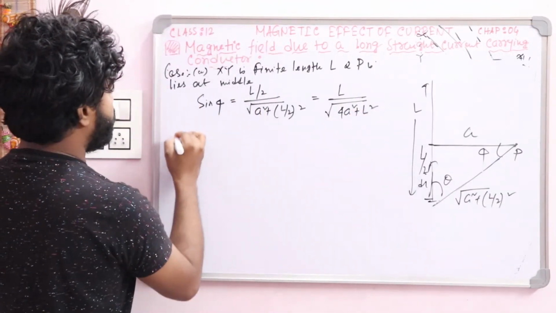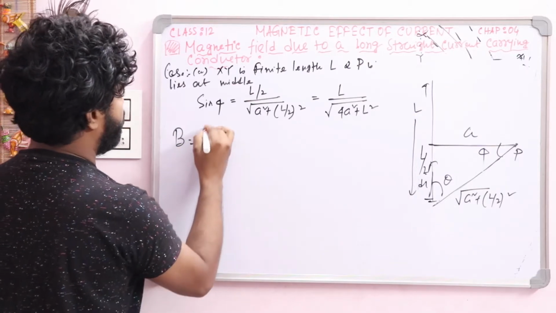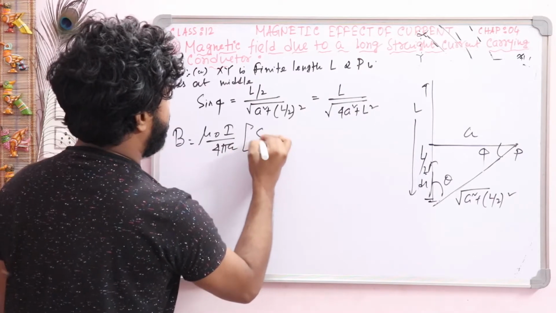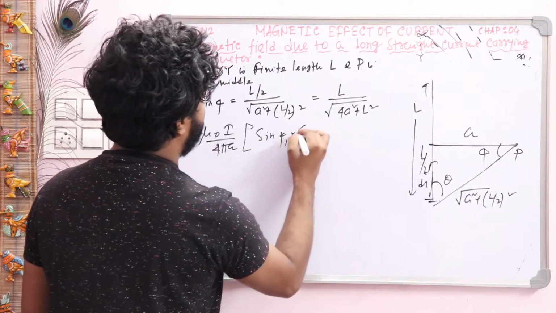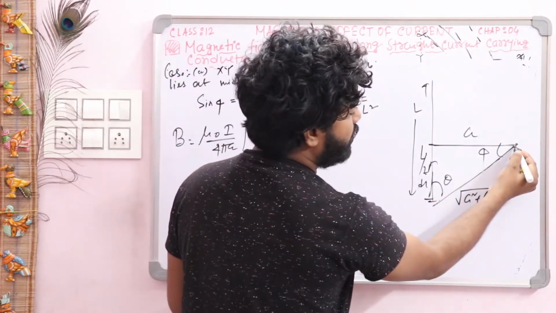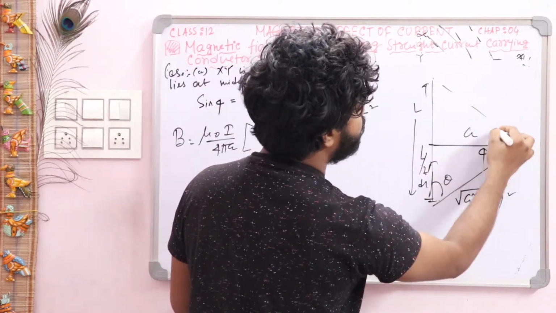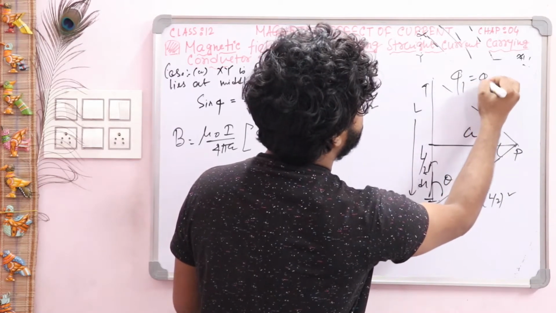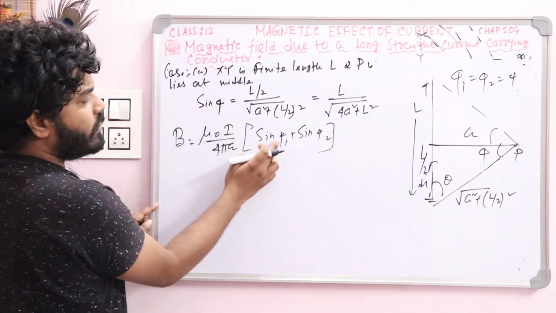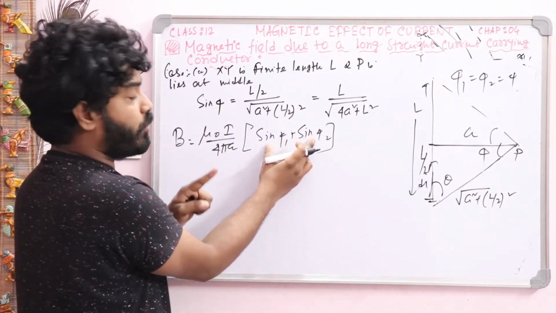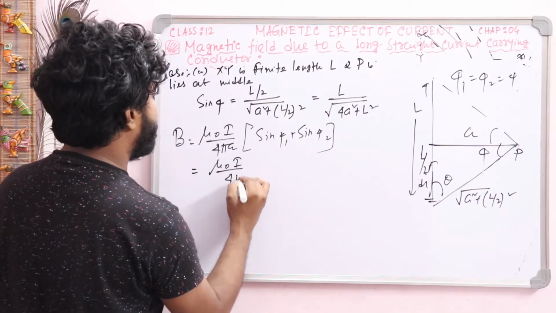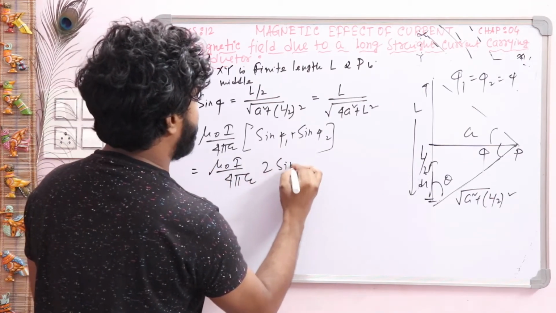Now use the general expression, B equal to mu naught I by 4 pi a times (sine phi 1 plus sine phi 2). Here the point P is at the middle, so phi 1 and phi 2 will be equal, phi 1 equal to phi 2 equal to phi. So this is sine phi plus sine phi, that is 2 into sine phi. So write mu naught I by 4 pi a times 2 sine phi.